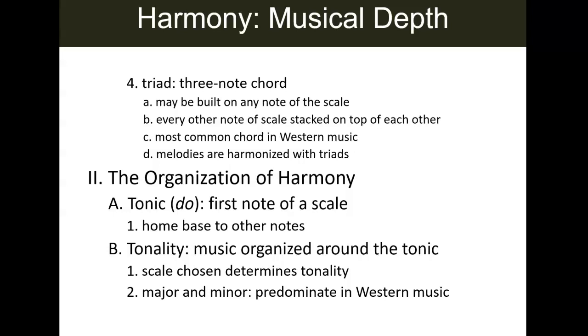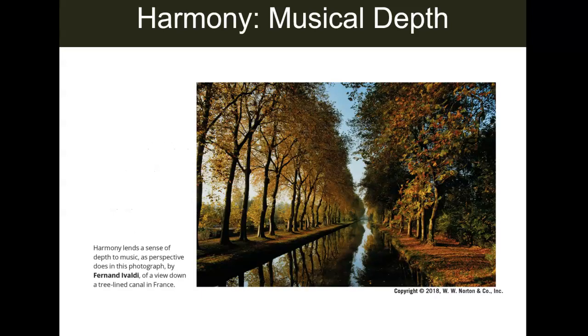The scale that you choose determines the tonality. We have major and minor as the most common ones now in Western music. Early music, before Baroque, used different systems, but the major and minor systems are the most common systems of scales that we use now.